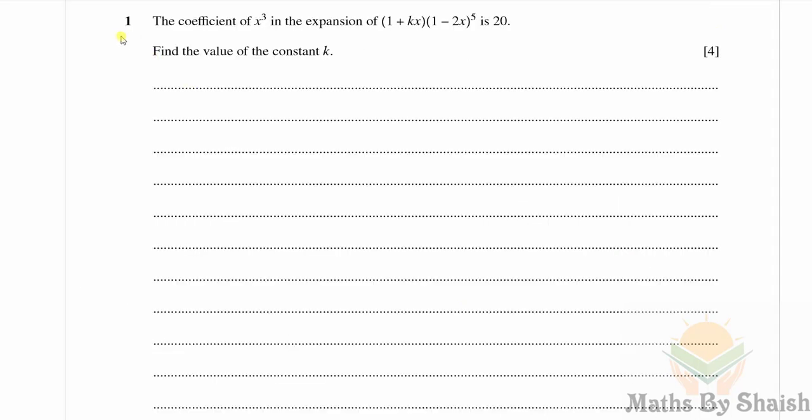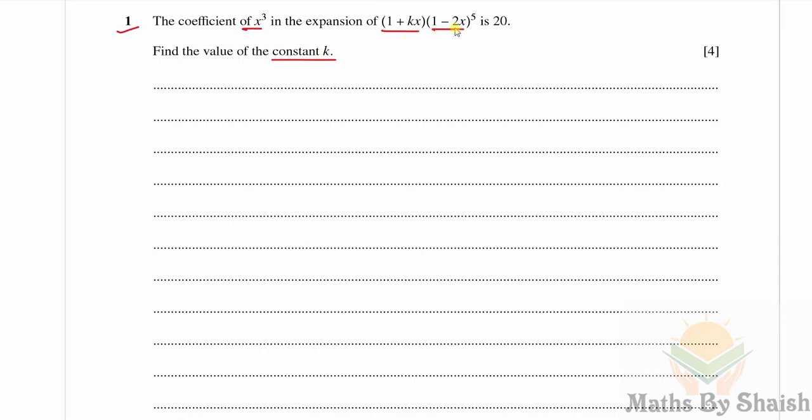Question number 1. The coefficient of x cube in the expansion of (1 + kx)(1 - 2x)^5 is 20. Find the value of constant k. First of all, we'll find the coefficient of x cube, and we don't have to expand it completely.